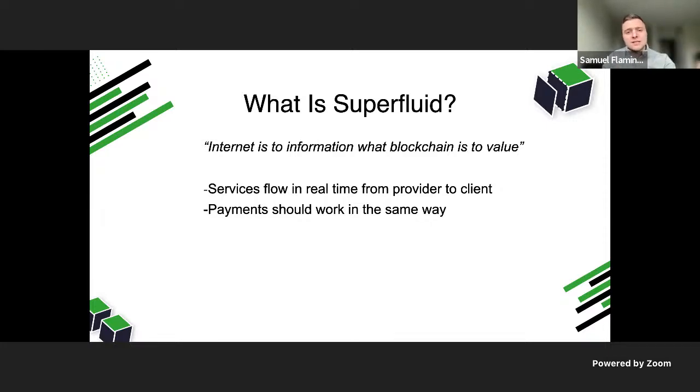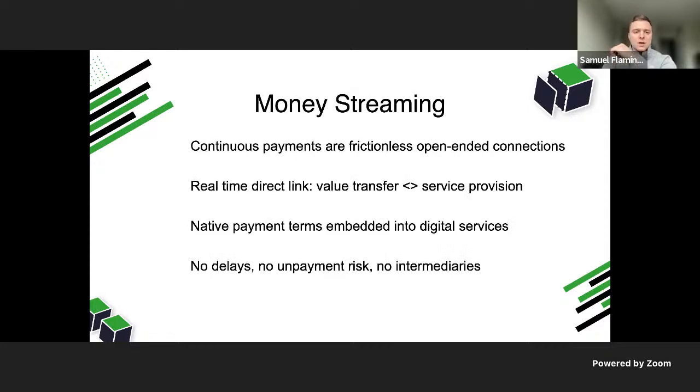And one thing that the internet did to information is it allowed you to stream it in real time. Superfluid is doing the same thing, but for money and for value more broadly. We believe that payments should work in the same way that services work, right? They flow in real time from the provider to the client, and money should be able to do the same thing.